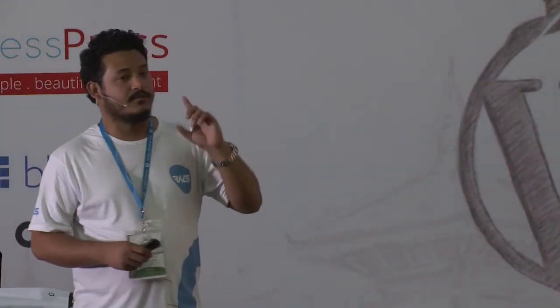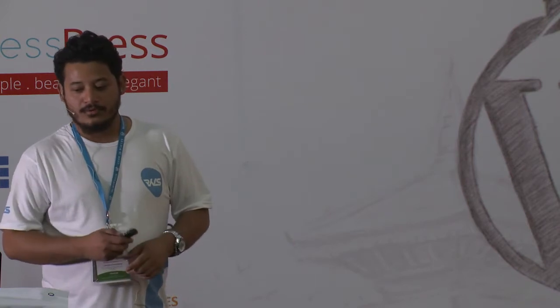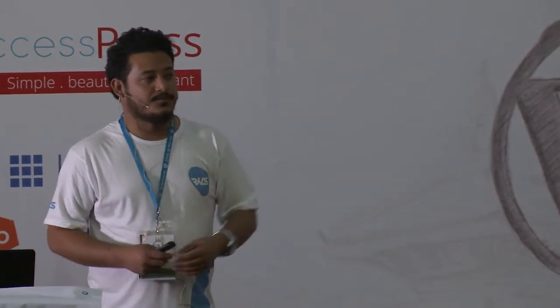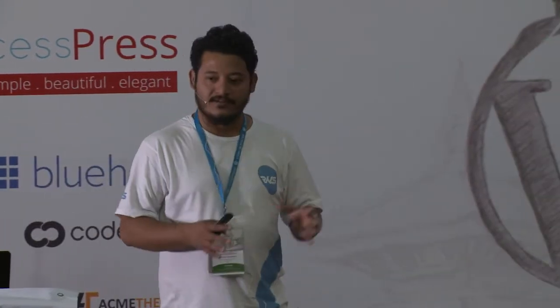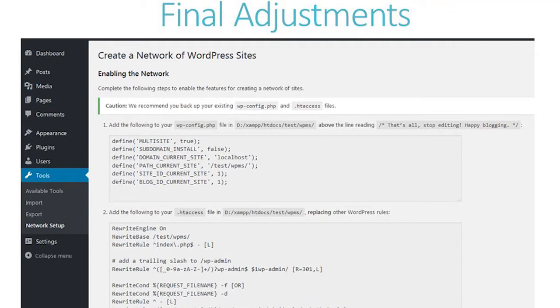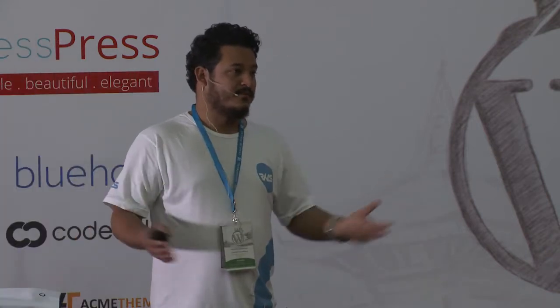Then you click install, and you go to the next page where you get the information that you need to include in your wp-config file and .htaccess file. When you add these, you are logged out of your WordPress because you added some code. Then when you log in again, you have a WordPress multi-site installation ready on your network.